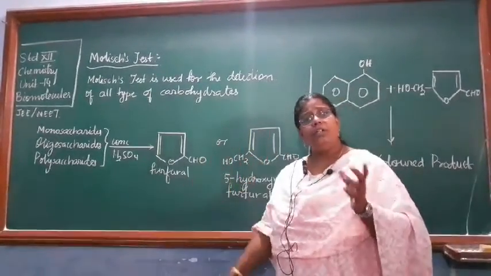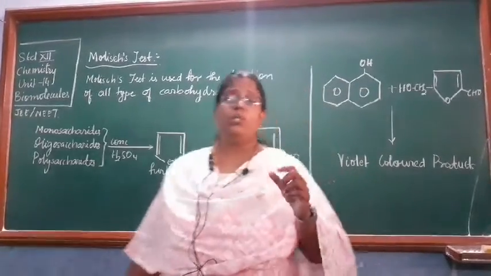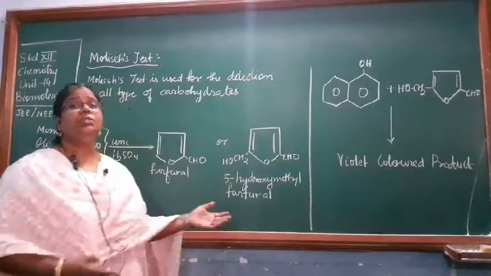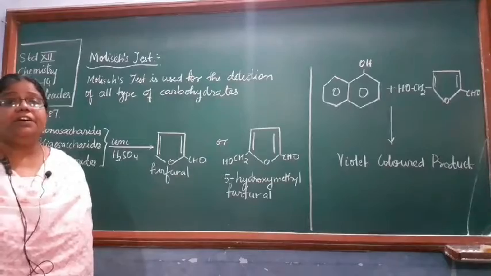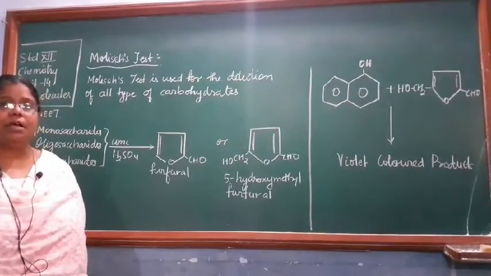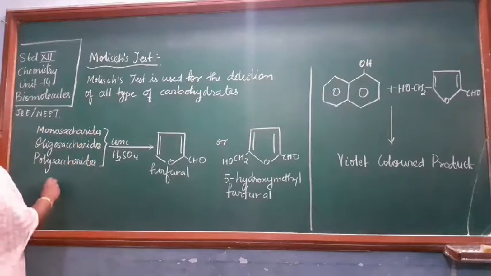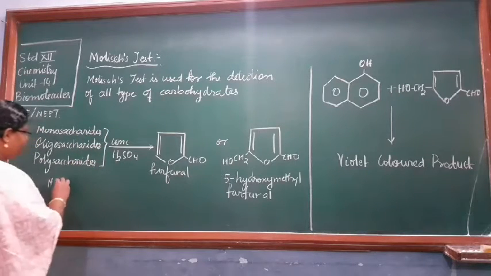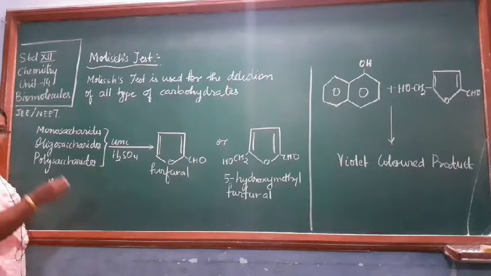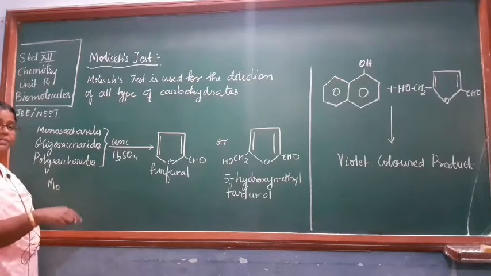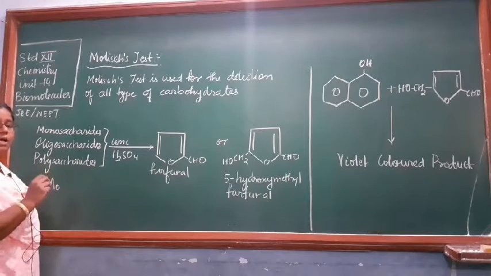Now, when I say Molisch test, what is this Molisch reagent, or what is the reagent being used to identify the compound as carbohydrate or not? The reagent, the Molisch reagent, is the reagent which you have to add to the compound to identify whether your compound is carbohydrate or not.